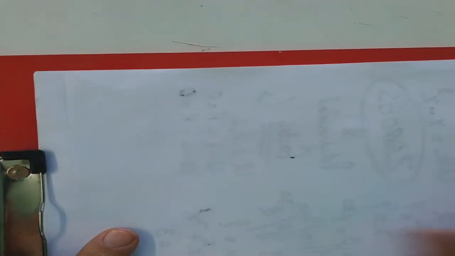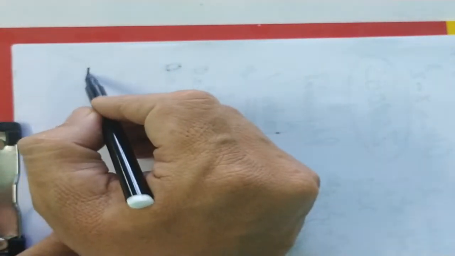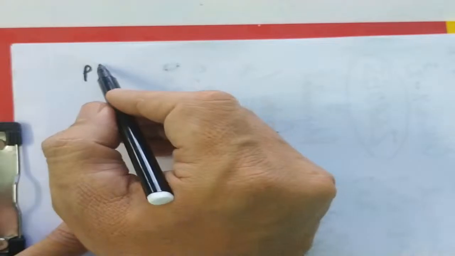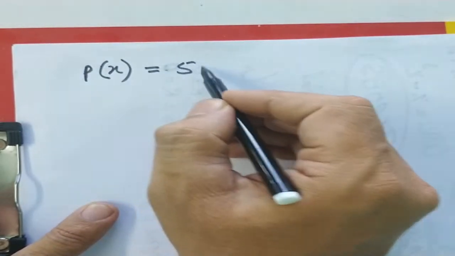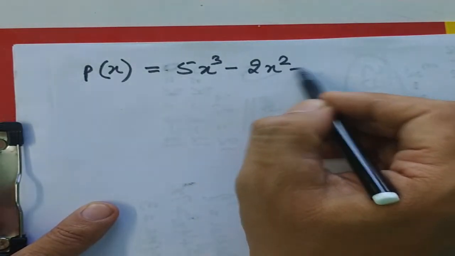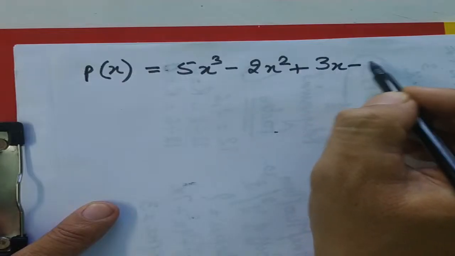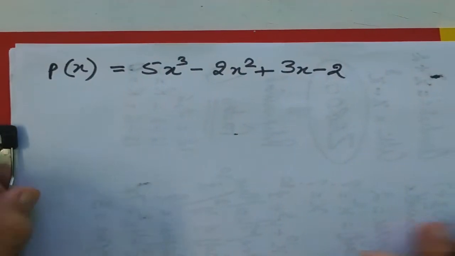When you say zeros of a polynomial, let's take an example. When you write the zero of a polynomial, it is written in this way. P stands for polynomial, the bracket holds the value of x which you have to check, and this is an example of a polynomial expression: 2x squared plus 3x minus 2.